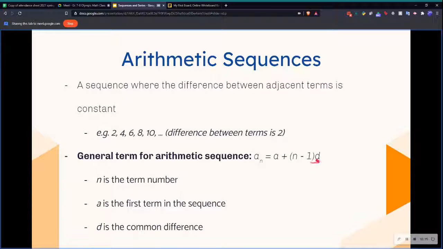And finally, what's d? d is the common difference. Remember we mentioned that each adjacent term has a constant difference. That's the common difference. So for example, in this sequence, the common difference would be 2. Just the difference between adjacent terms is your common difference. All right. Are there any questions about this?